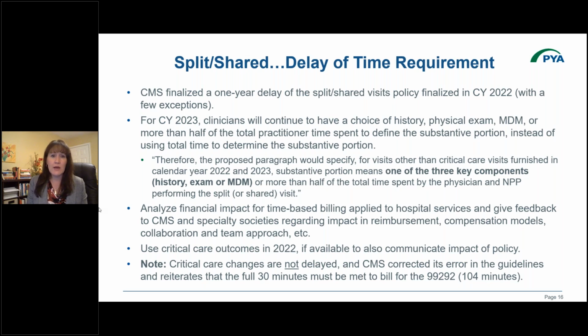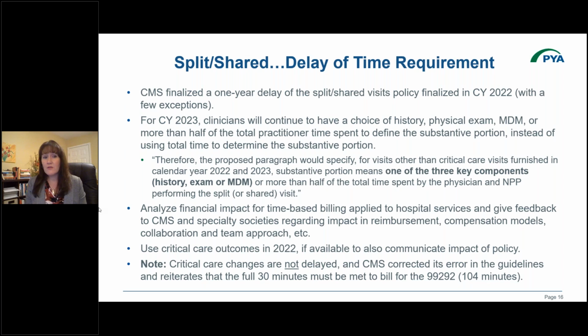We're also seeing MAC guidance that is published that is beyond the CMS guidelines. So you want to continue to have conversations with your MACs, get in alignment with what is appropriate to do to support these services, and ensure that you are understanding the requirements.